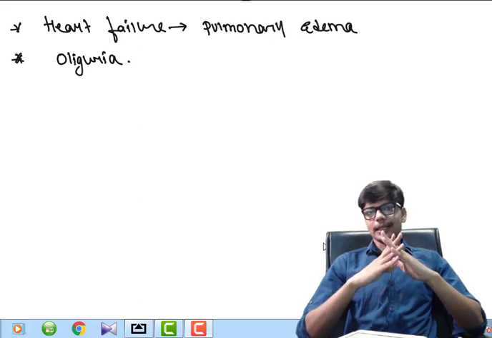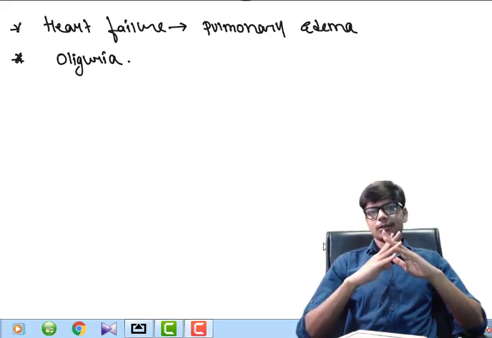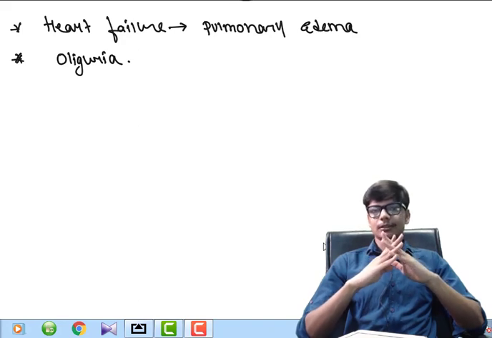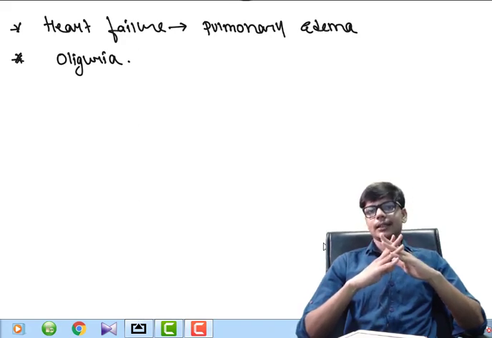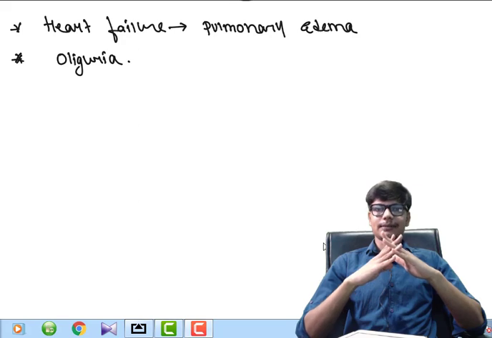In nephrotic syndrome, the edema was gradual in onset, which has not led to activation of the renin-angiotensin-aldosterone system so strongly, but in nephritic syndrome or APSGN, the edema is sudden in onset, which led to such strong activation of the renin-angiotensin-aldosterone system that the potent vasoconstrictor angiotensin II has caused hypertension, and hypertension can lead to heart failure, pulmonary edema, and it can also precipitate hypertensive encephalopathy. So this is the reason why there is hypertension and heart failure in a patient of APSGN.